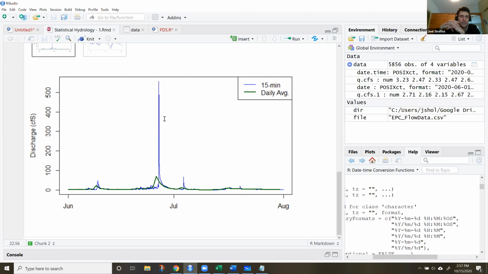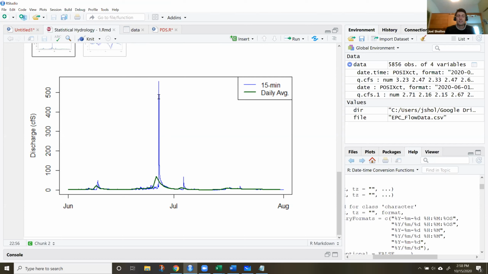East Plum Creek is a pretty small creek, relatively speaking, and smaller creeks are flashier. Flashy refers to how rapidly a hydrograph comes up and down. As you can see, this hydrograph came up and down really quickly within the course of a day. So if you take the average value for the day of discharge, it's much less than that peak instantaneous discharge.